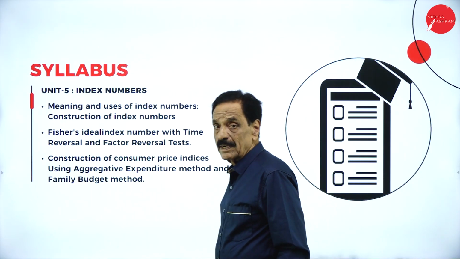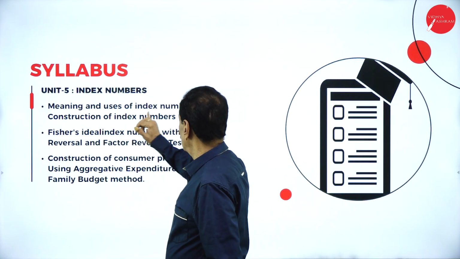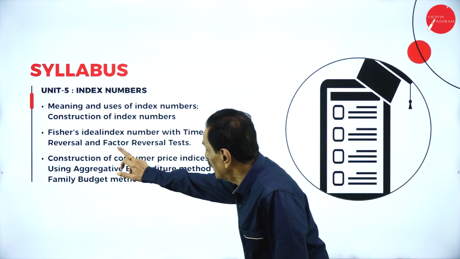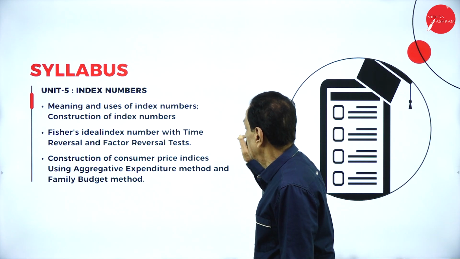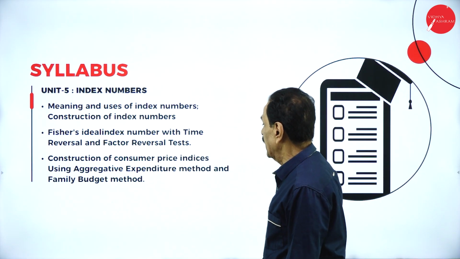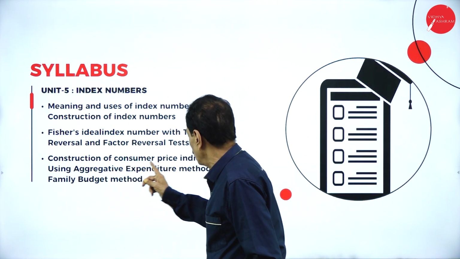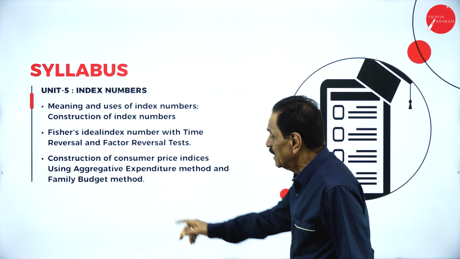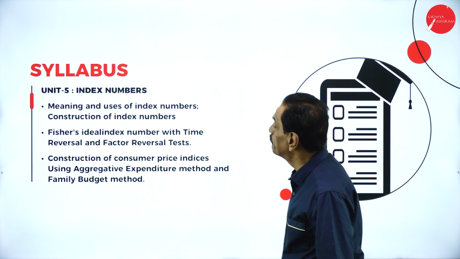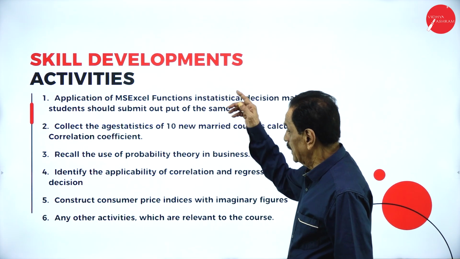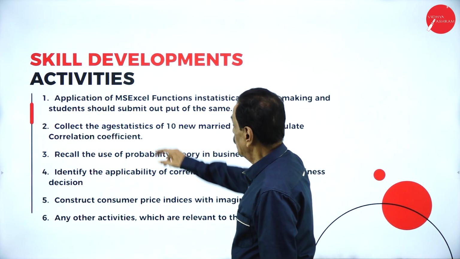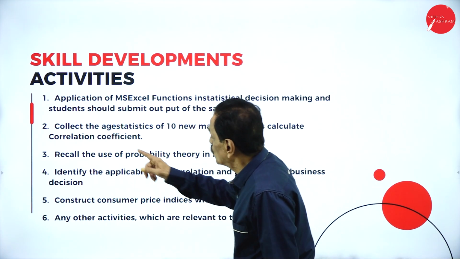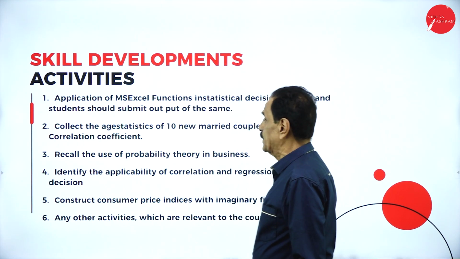Then unit 5, index number, meaning and uses of index number, construction of index number, Fisher's ideal index number, then with time reversal and factor reversal tests, construction of consumer price indices using aggregate expenditure method and family budget method. Skill development, application of MS Excel functions in statistical decision making, and students should submit output of the same.